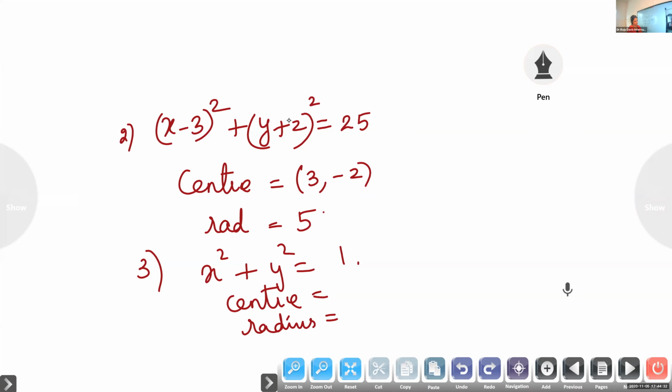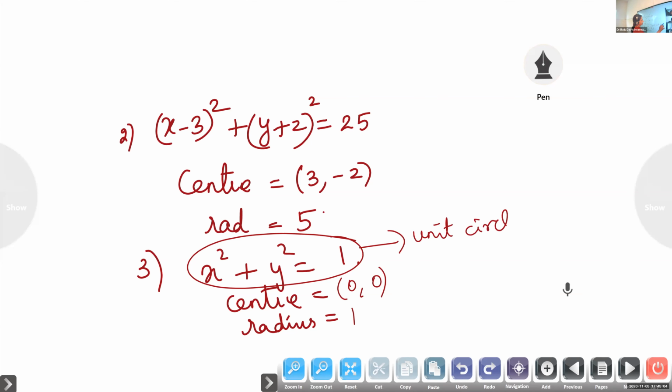Femina, can you give the center and radius here? The center is 0, 0. Good. And what is the radius? 1. So this circle we call a unit circle. The center is 0, 0 and the radius is 1. When the radius is 1, we call that circle a unit circle.